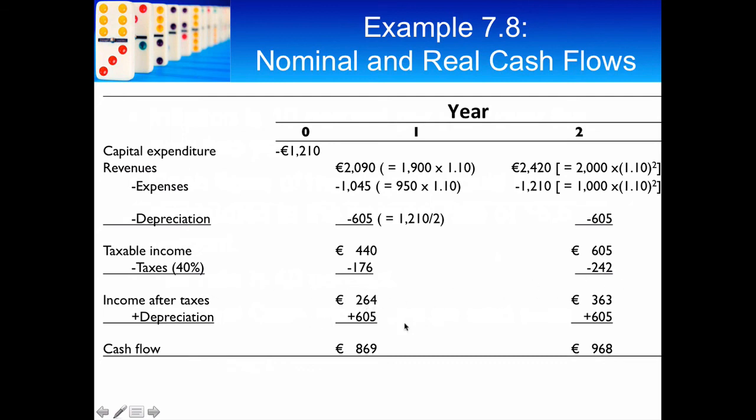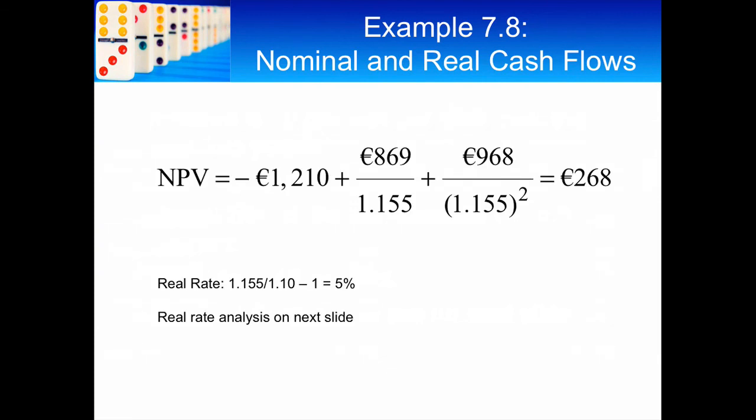Now, to get our cash flow from operations, we've got to add the depreciation back in. And adding the depreciation back in, the cash flow for year one is 869, and in year two is 968. So we now use these cash flows with the nominal discount rate to find the NPV. And you find that that is €268.